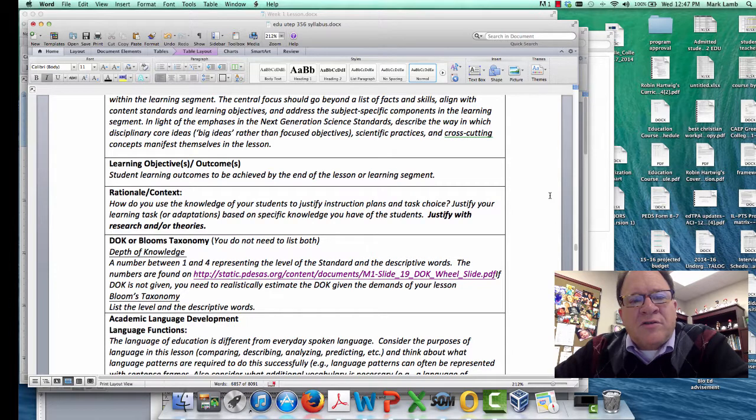Depth of knowledge, Bloom's taxonomy, trying to identify what level it is that you're trying to reach in your lesson. It may cross over a couple of levels, but what's the ultimate goal? We have a link here also to a depth of knowledge wheel that allows you to assign a value between 1 and 4 to that depth of knowledge.